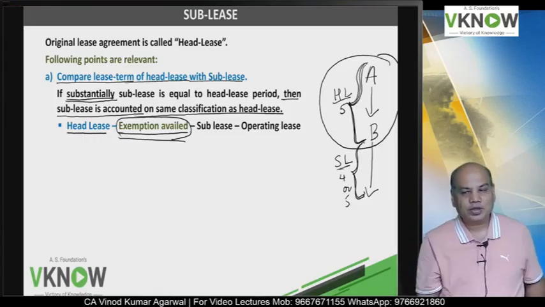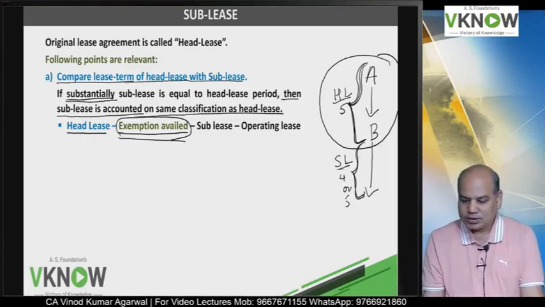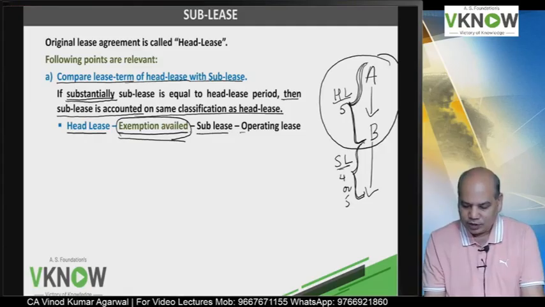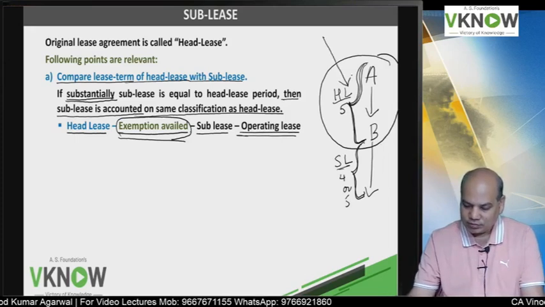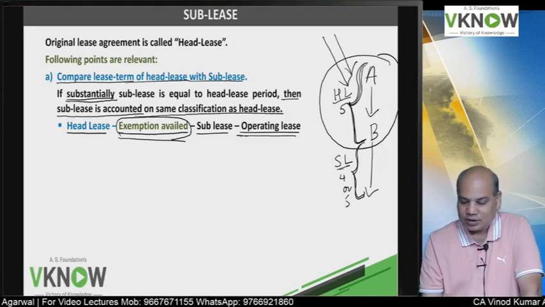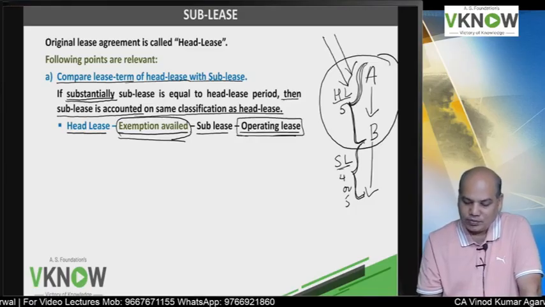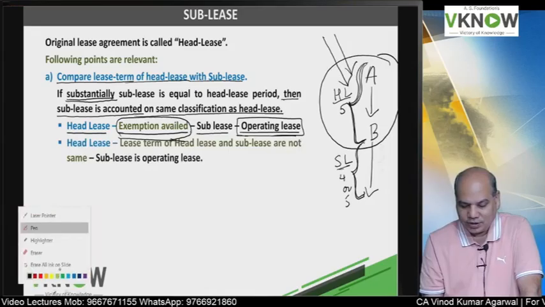And second, if the lease term is for short period. If you have taken exemption for accounting of head lease, then sub-lease will be an operating lease. Then the answer is easy.